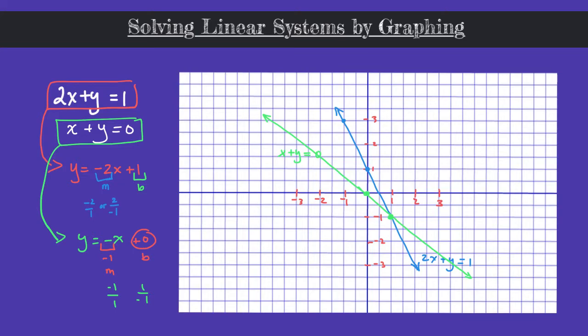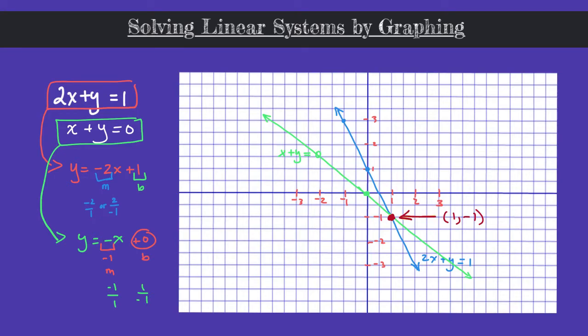Now, in terms of figuring out what the solution of the system is, the solution would be the point at which these graphs intersect. That point would be here, and I'm going to use a different color. This is the point 1 comma negative 1. It's a point that lies on both of these lines.